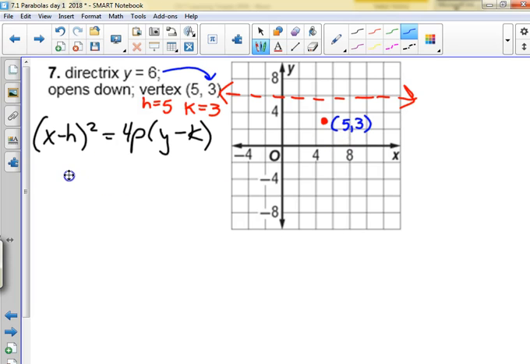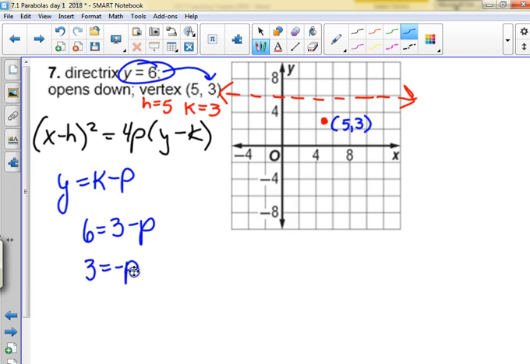You can look at the little sheet and go, oh, the directrix is y equals k minus p. Well, I know that 6 is where it is, and I know that k was 3. So if I subtract, I get this, which I divide and get p is -3. Does that fit with the information we have over here that it should be opening down away from the directrix?